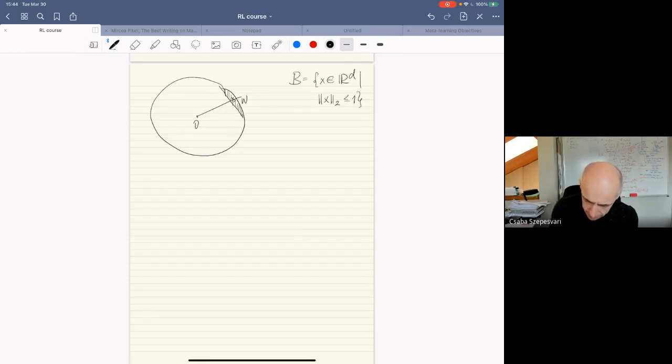The shaded area has one parameter: the radius is 1, and this distance here is gamma. That will be the same gamma as our discount factor. As gamma gets large, the shaded area becomes really, really small as gamma gets close to 1. To be precise, this shaded area is all those points in the ball where the inner product between the point and the chosen direction W is at least gamma, right?